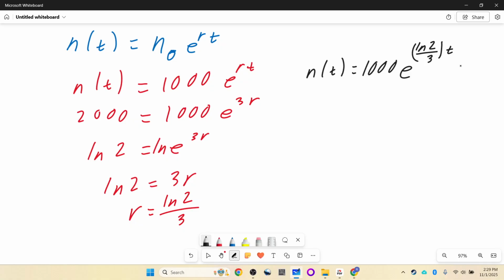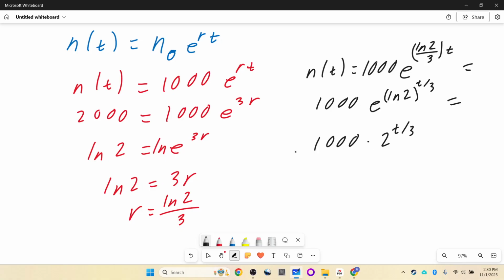We could say, well, this would become 1,000 e to the natural log of 2 to the t over 3, because a power to another power is the same as multiply. This is natural log 2 times t over 3. We can sort of factor t over 3 out as a second exponent. And then that e and the natural log cancel each other out, and we're left with 1,000 times 2 to the t over 3.